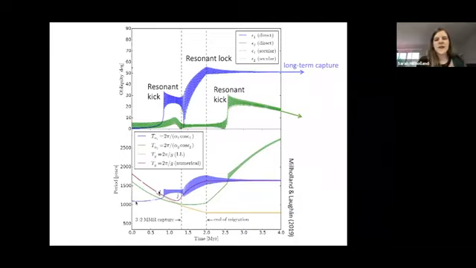You can see that the inner planet, due to the natural evolution of these frequencies early on, first encounters this resonance where its spin precession period becomes equal with its orbital precession period. And this causes a resonant kick of the obliquity.